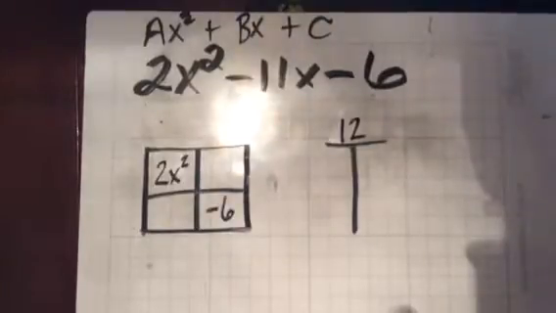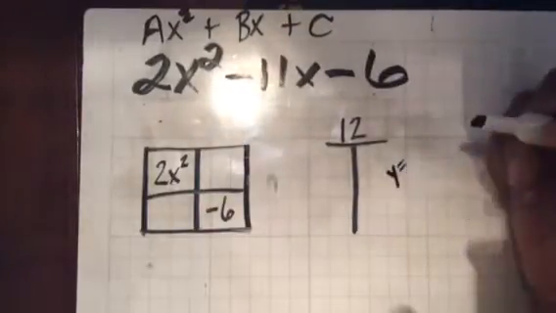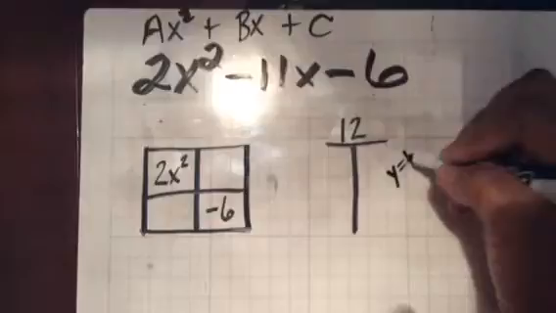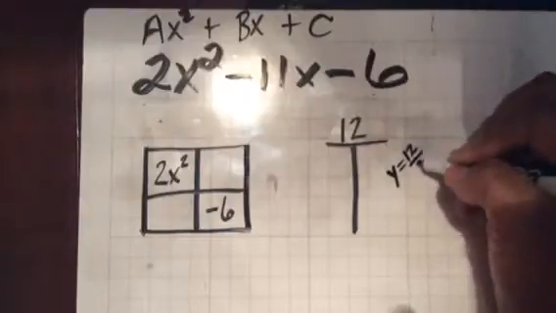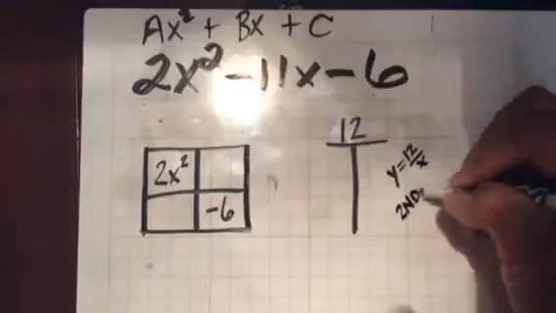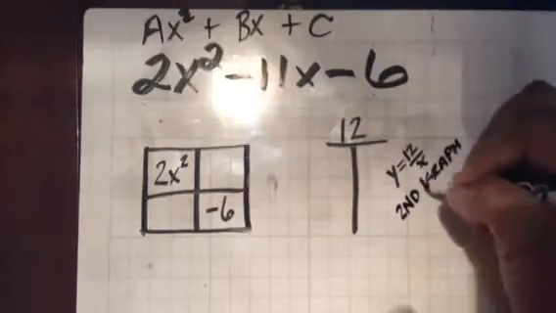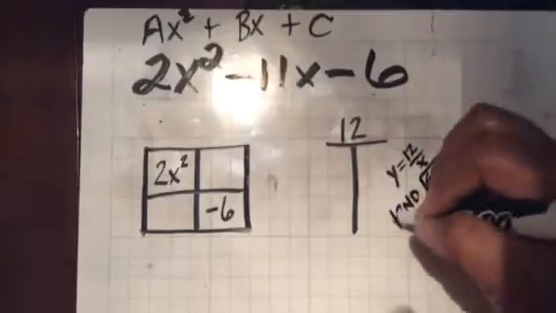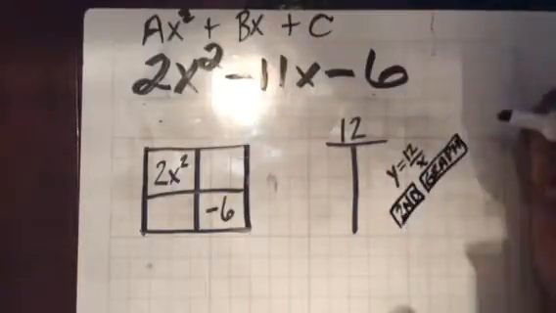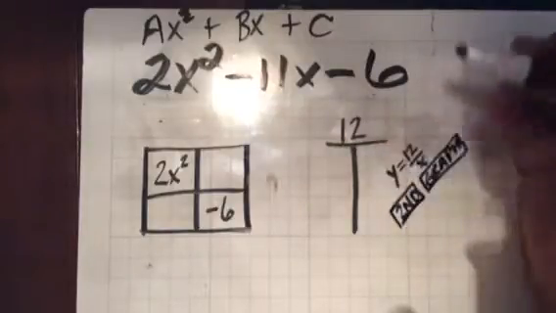Now, a quick way to find factors if you're not good with math facts is to go to y equals in your calculator, type in 12 divided by x, and then second graph. And that will give you the table of values, a table that we're about to make here.